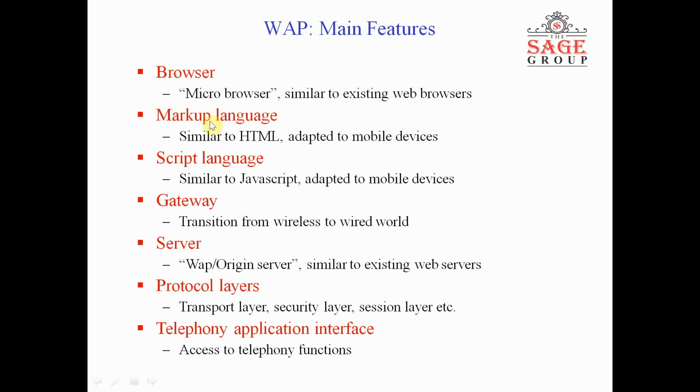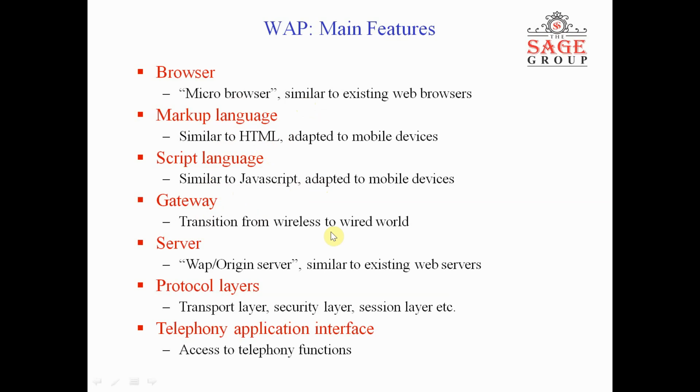Main features of WAP: first is browsers. In this we use micro browsers, similar to the web browsers in laptops we have already used. Second point is markup language. It is similar to HTML language. In this we use WML language and script language. It uses JavaScript and mobile device adaptability.